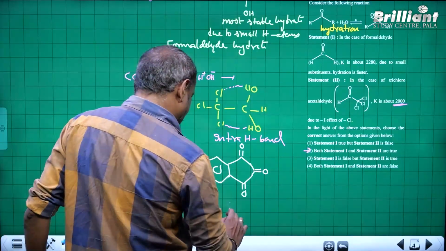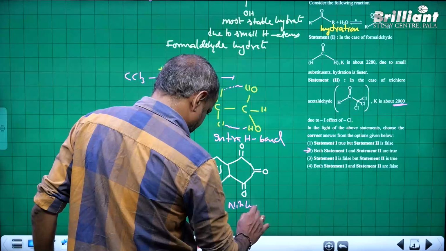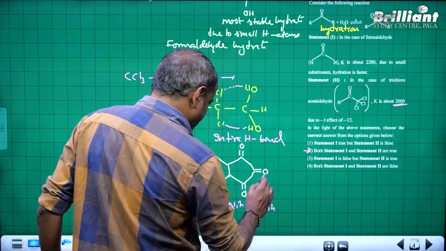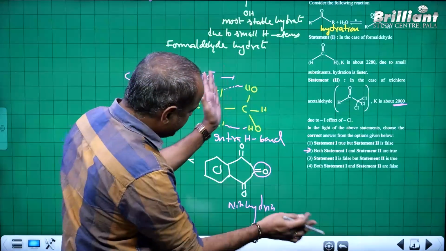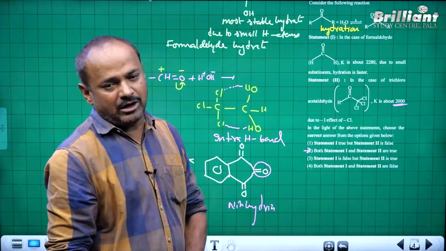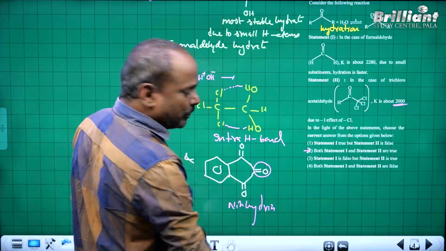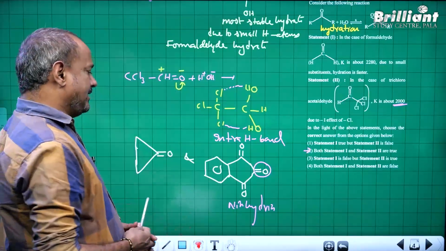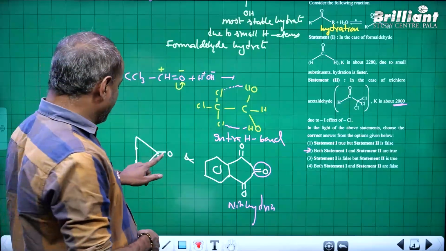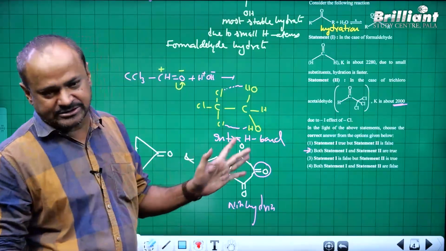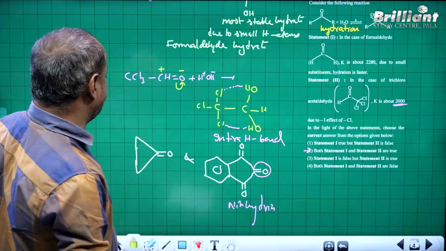This one reacts with a water molecule to give 2 OH. Those two OH are joined by intramolecular hydrogen bonding with the neighboring keto groups. So here the reason is the same, intramolecular hydrogen bonding only. For cyclopropanone the reason is that strain decreases: after ring opening, this double bond opening into single bonds, the strain decreases. That is the reason for this one.